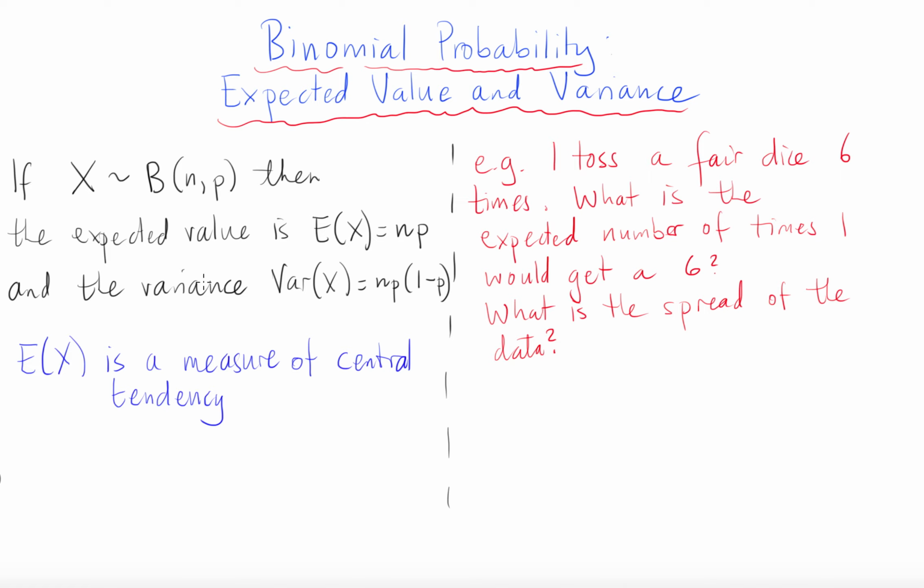Whereas we can also calculate for the binomial probability the variance, VAR. And the variance in this case is a measure of spread or dispersion.